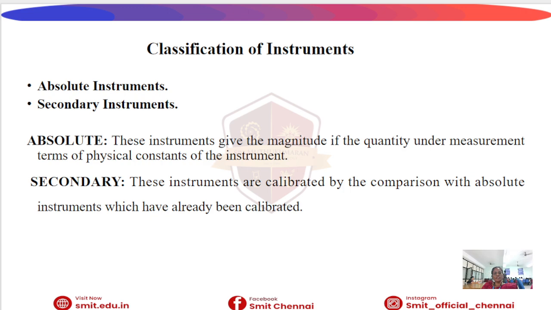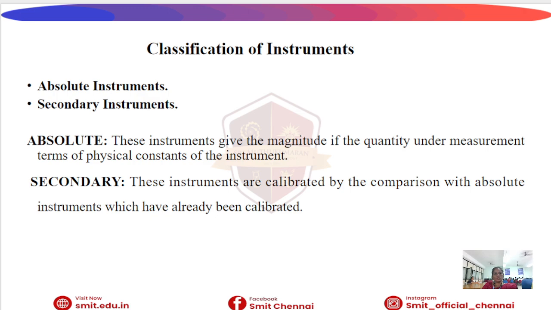Instruments are mainly classified into two types, absolute instruments and secondary instruments. Absolute instruments give the value of the quantity directly in terms of physical constants of the instrument. They do not require calibration with another instrument. However, they are usually bulky and not convenient for routine use.